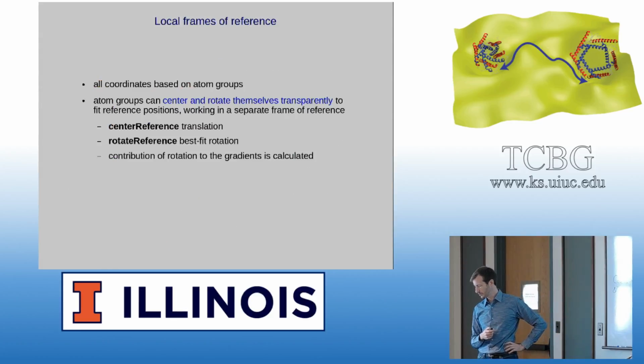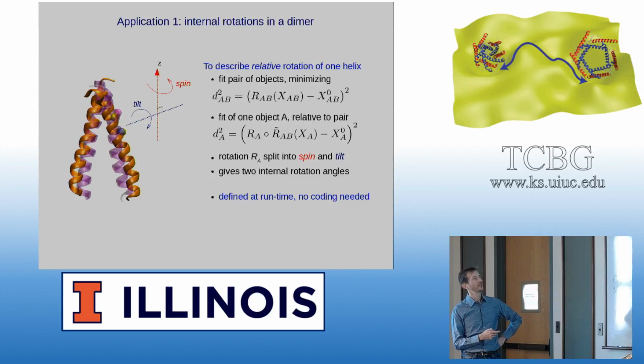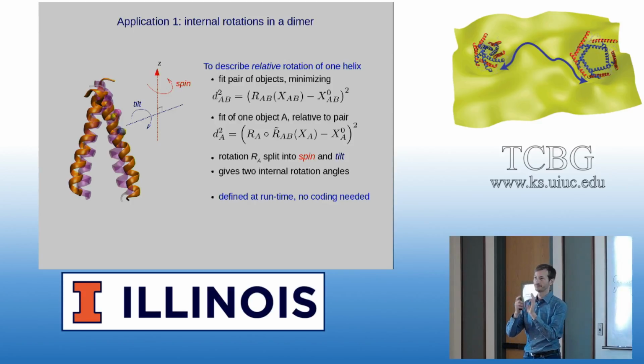All right, so yeah. This is probably the more conceptually involved thing that can happen with Colvars. So let's look at one example. We want to describe relative rotation in this dimer of helices, the rotation of one helix with respect to the full dimer. So we want something that is sensitive to rotation of one helix with respect to the other, but insensitive to overall rotation of the dimer.